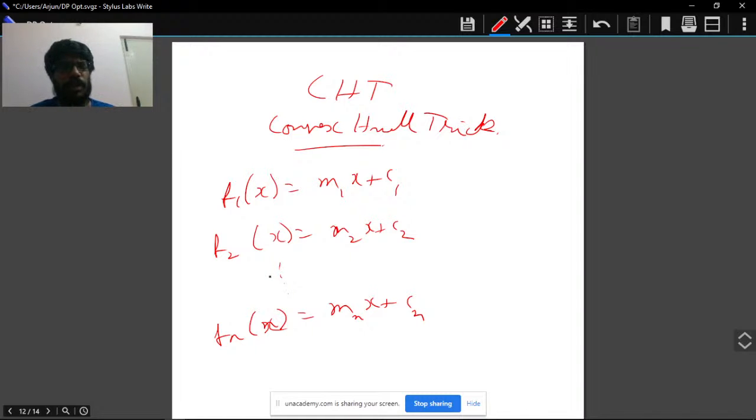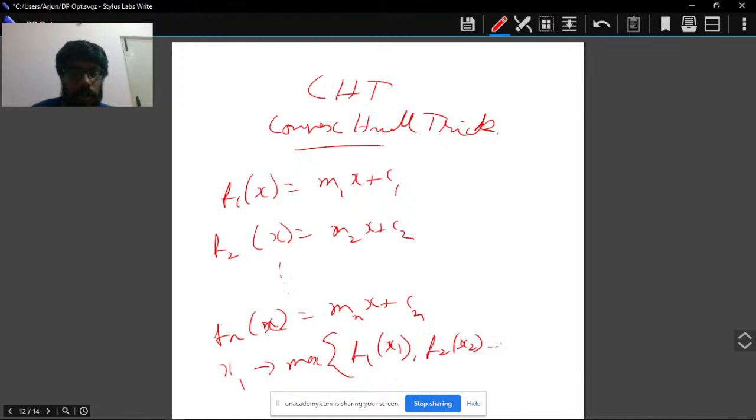This could be online, this could be offline. For now, let's assume it's offline. That is, you're given all these functions at the beginning, and then you're given q queries, and each query is an xi, and you have to evaluate f1 of x1, f2 of x2, fn of xn, and output the maximum of this. So the answer for the input query x will be max over f1 of x, f2 of x, dot dot dot, fn of x.